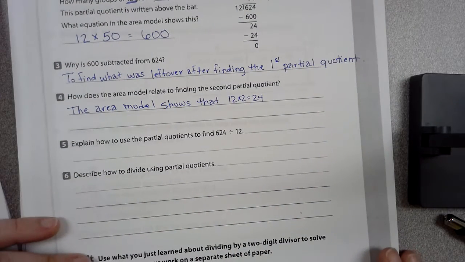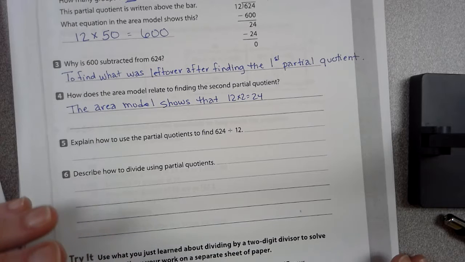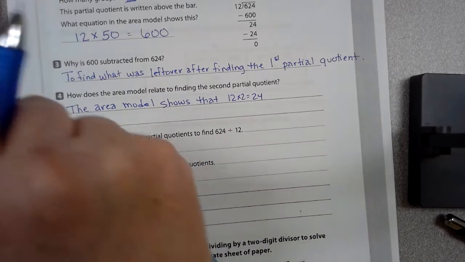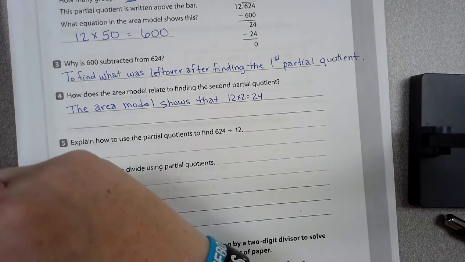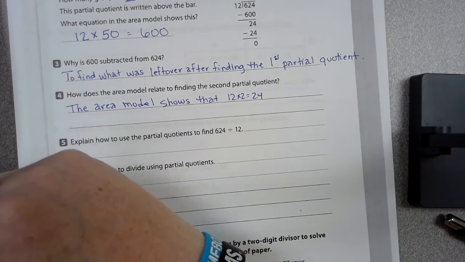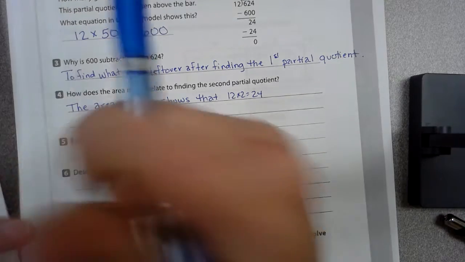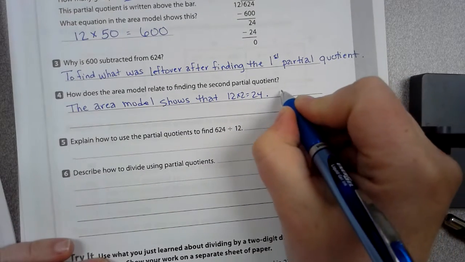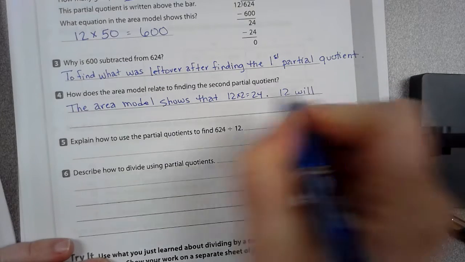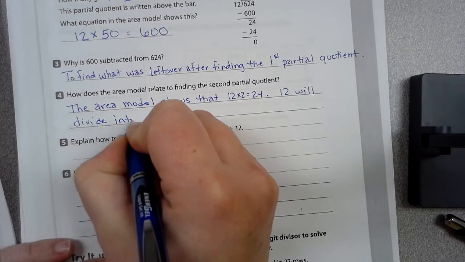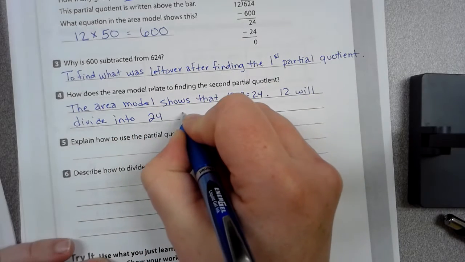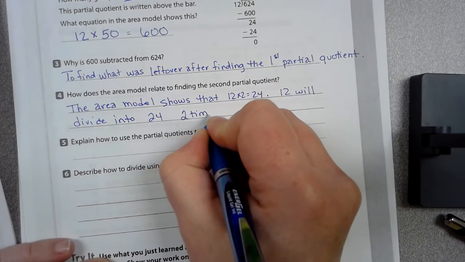All right, so the product 24 is recorded under 24 in the area model. Basically, what that means is that 12 divides into 24 two times. That's all it's saying. Okay. So 12 will divide into 24 two times.